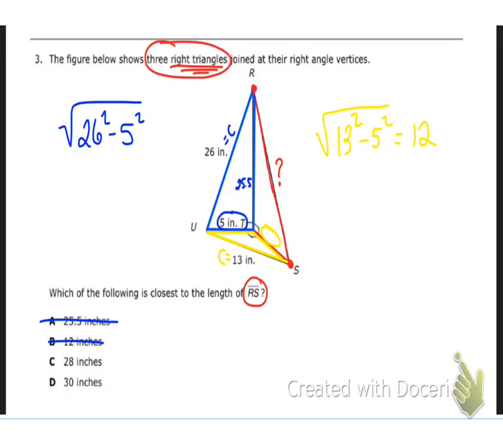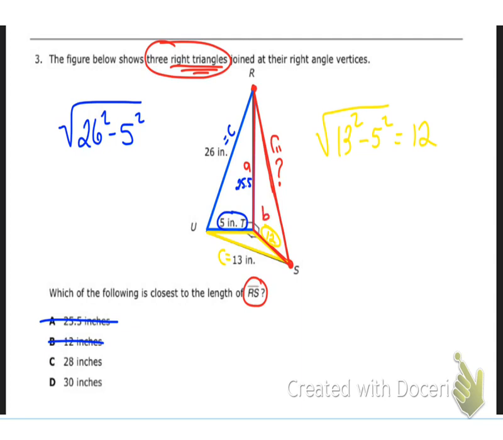So I now have my legs so that I can go back and focus on my red triangle. So the original triangle that I was focusing on, I can now actually focus on it because I now know the 2 legs. So what would I do to find the hypotenuse? What do you do when I give you the legs A and B?